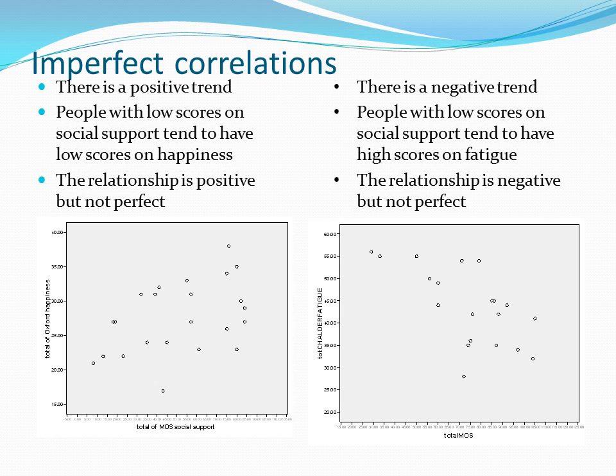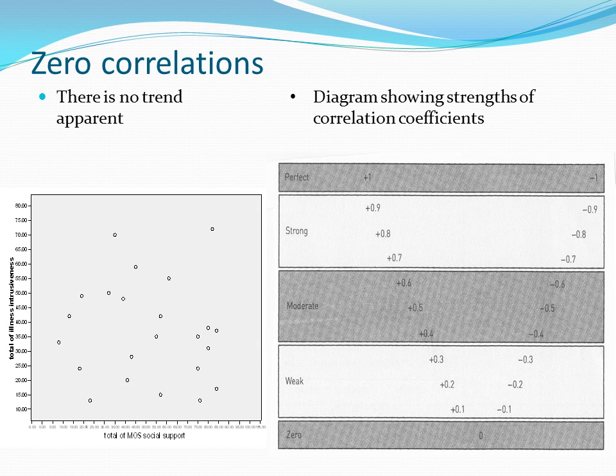And then we have something called zero correlation, and if we look at this scatter plot, we can definitely not identify any sort of correlation.